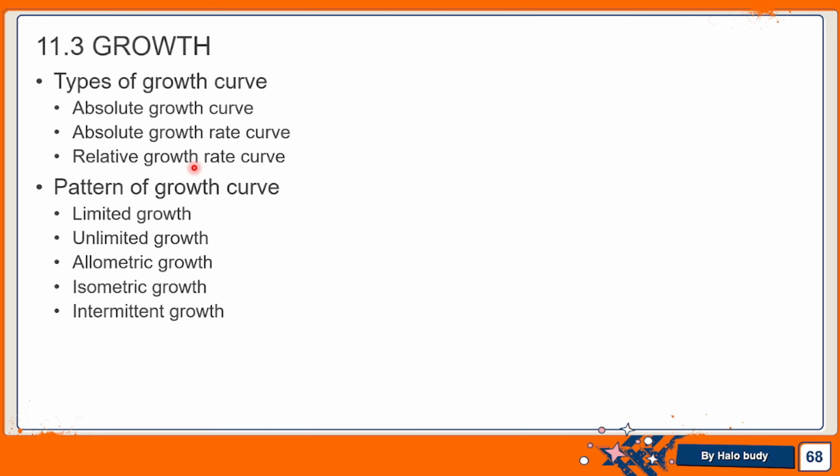The type of growth curve applies to all organisms. Whatever organism, but normally it's applied to plants. But actually in real situations it's applied to all organisms. But pattern is limited to certain organisms. Pattern, you know that pattern, right? Like human, what is the growth pattern of the human?